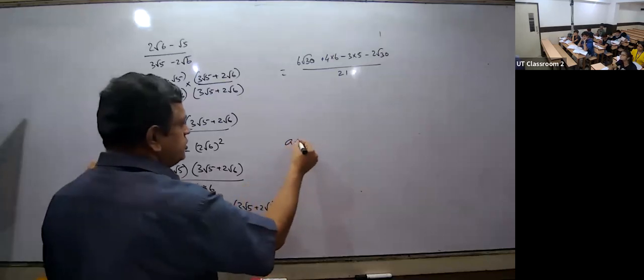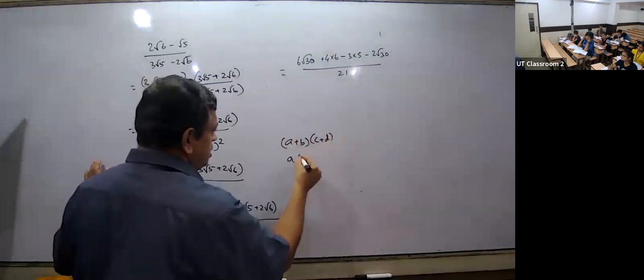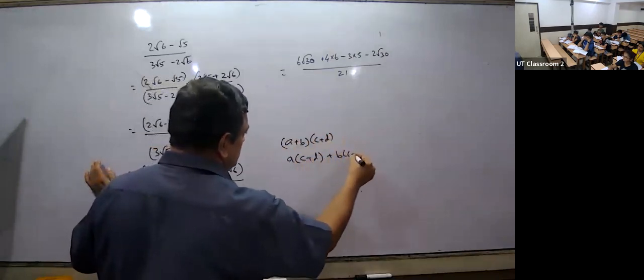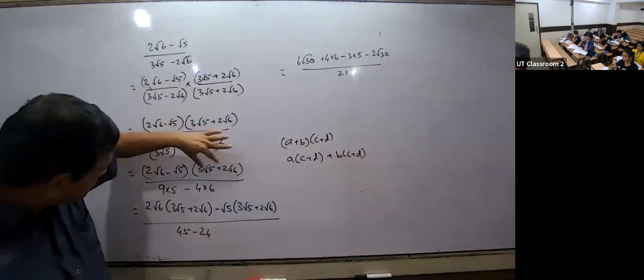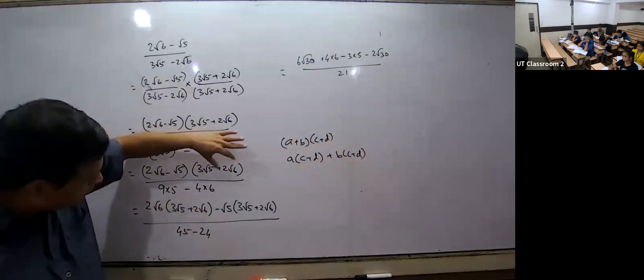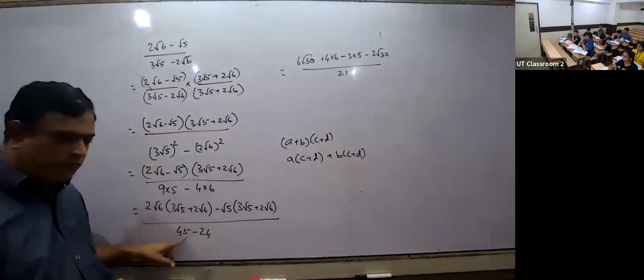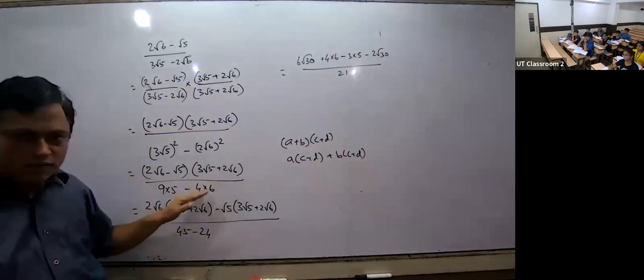How will you open a plus b into c plus d? A multiplied by c plus d, plus b multiplied by c plus d. So this is multiplied by this bracket, minus root 5 multiplied by this bracket. That is the numerator. Denominator: 9 5s are 45, 4 6s are 24. Clear, all of you? Anyone still having a doubt here?